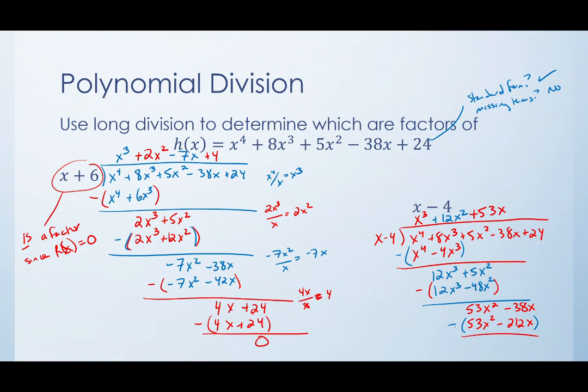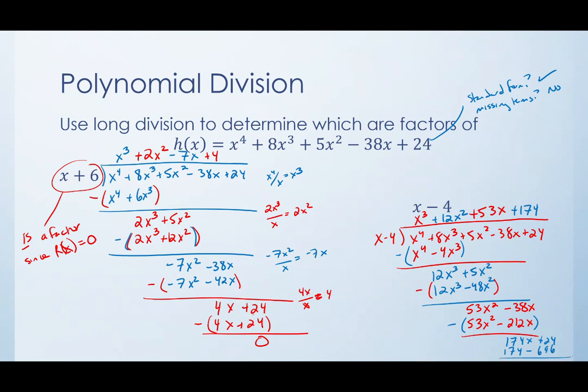So we've got 38 plus 212. I think that that's going to end up with 174x, but pull your calculator out for that one. Bring down the plus 24, and of course the last part of our quotient is going to be 174. So 174x minus 4 times 174, which is going to be 696.